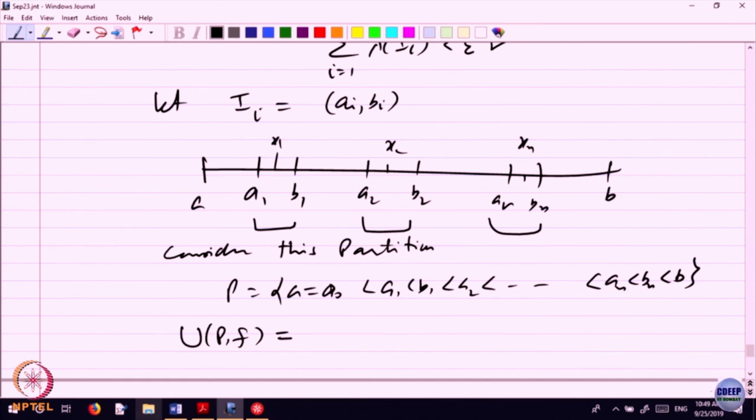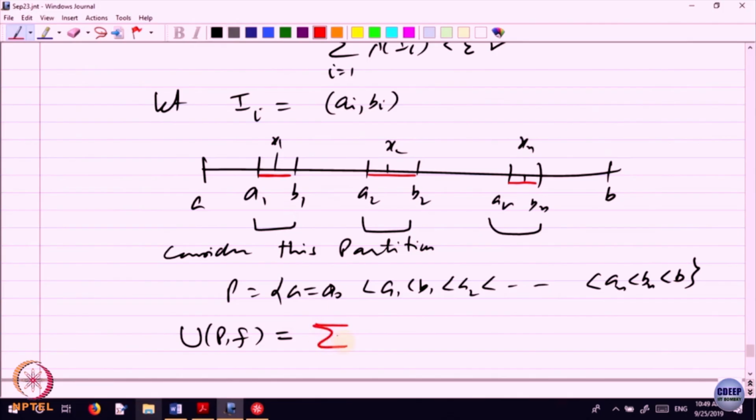So the upper sum, I will divide it into two parts, over the intervals which are a1, b1, a2, b2, an, bn, right. What is the upper sum? Maximum value in a sub-interval times the length of the sub-interval, right. So, let us divide it into two parts.